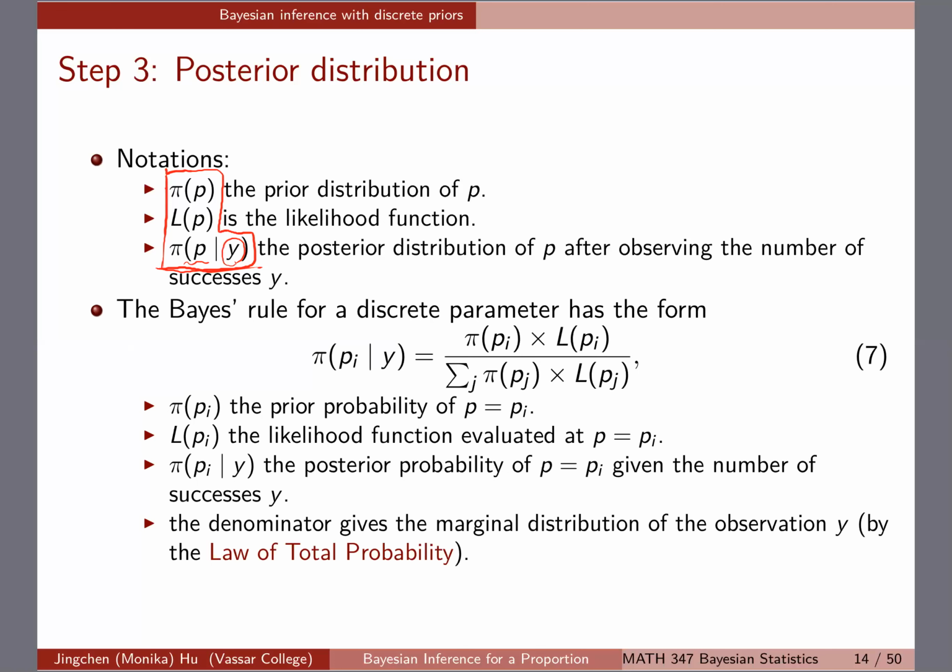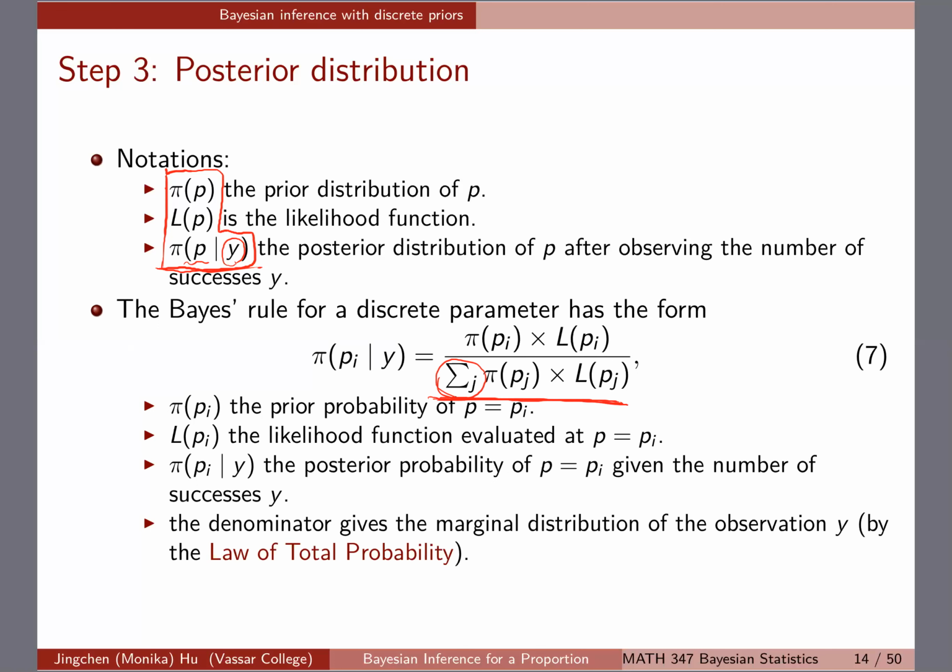The Bayes rule, we covered last time, equation 7. This is a discrete parameter for P, so we're going to use the discrete version of the Bayes rule. That means in order to come up with the marginal probability of the data, we do the summation over all of the possible P values.